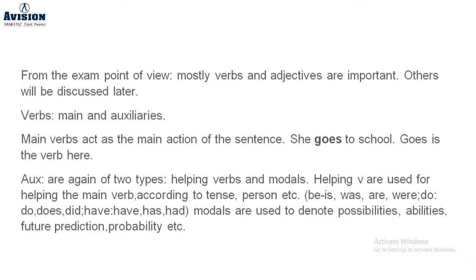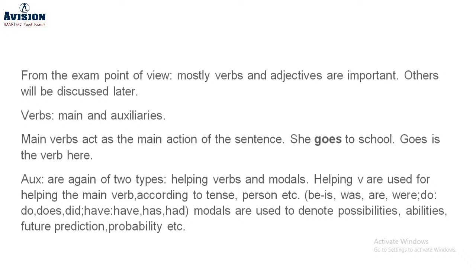Helping verbs are used for helping the main verb, right? And according to the tense and person, their uses vary. Helping verbs are of three kinds. The be verb, as you know, is, was, are, were.